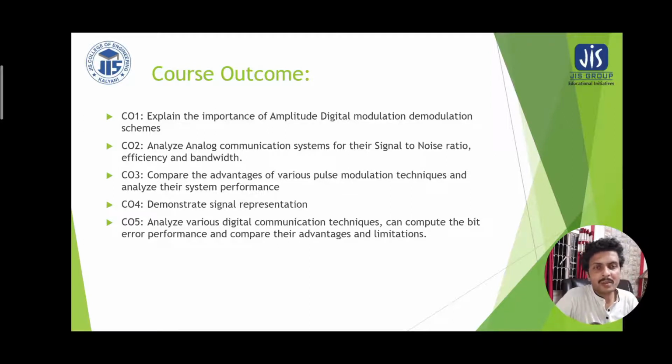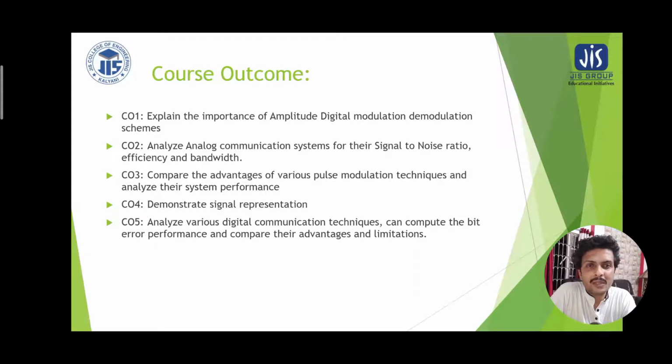This is one of the most important parts of the course, that is, how to represent the signal or signal constellation, because once the signal position is known, we can describe the noise margin or noise cloud around the signal vector tip, so that the amount of noise that can contaminate the signal can be predicted. So that is one way to check whether the communication system is suitable for a certain area.